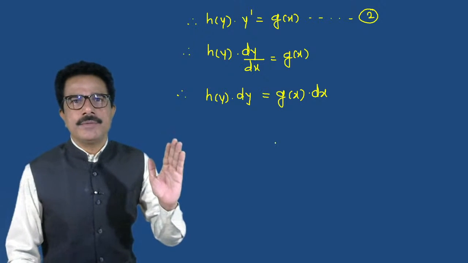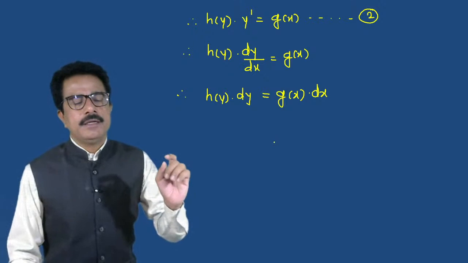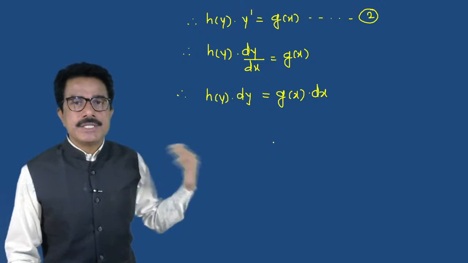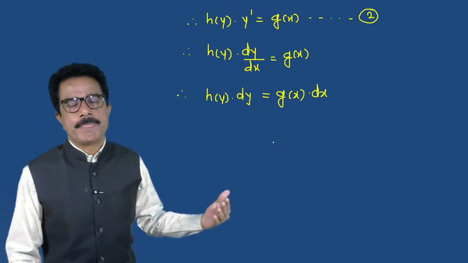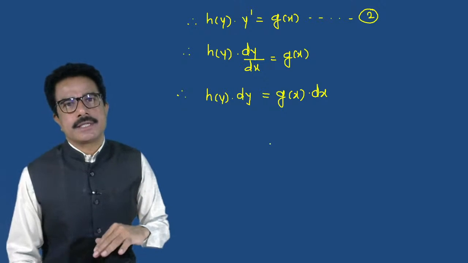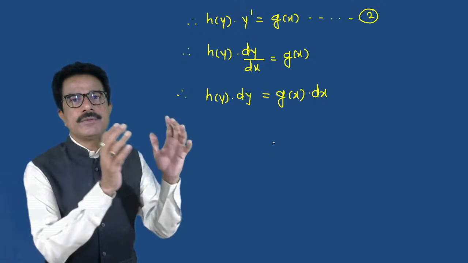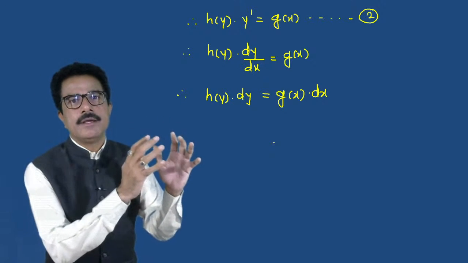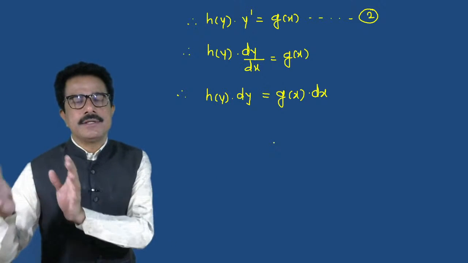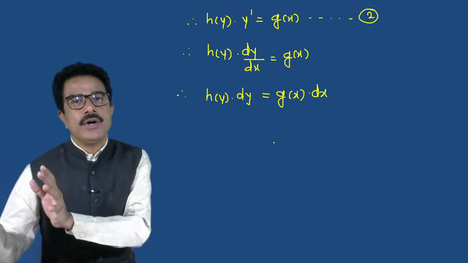Variable separation form, what does it mean? If we can collect the total x terms on one side, and the total y terms on the other side. That means on LHS there is completely one variable, a function of one variable, and on the other side we can collect the function of the other variable.